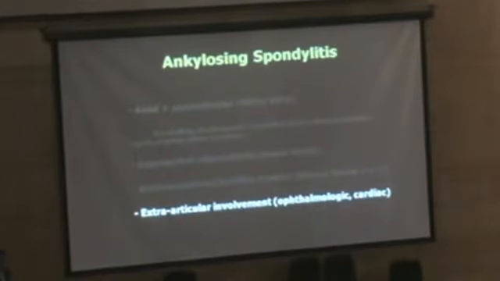We're not going through details. I will focus on the MSK features, imaging features of the MSK system. I'm not going through the criteria in detail. Each spondyloarthropathy, ankylosing spondylitis, psoriatic arthritis, enteropathic, and so on, they all have special criteria for diagnosis.